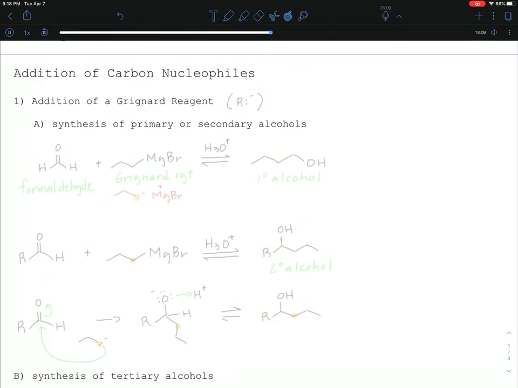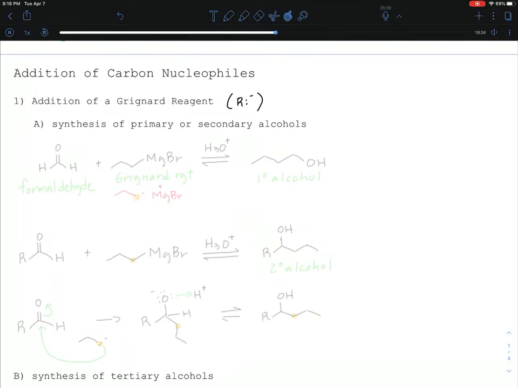So let's start out with our first example here. I decided to do the Grignard first because we just did it in the chapter on ethers, where ether was a solvent. We know a Grignard reagent is simply some sort of alkyl or aryl nucleophile, so it's mostly just R minus or Ar minus.